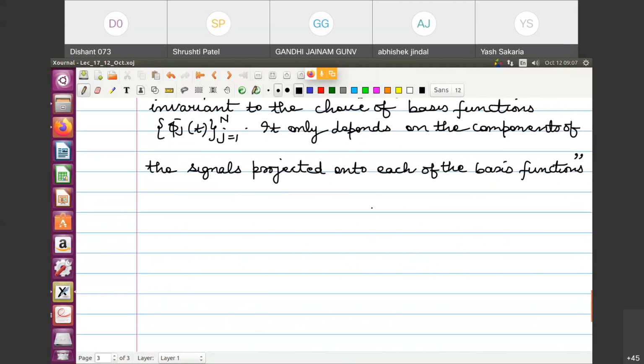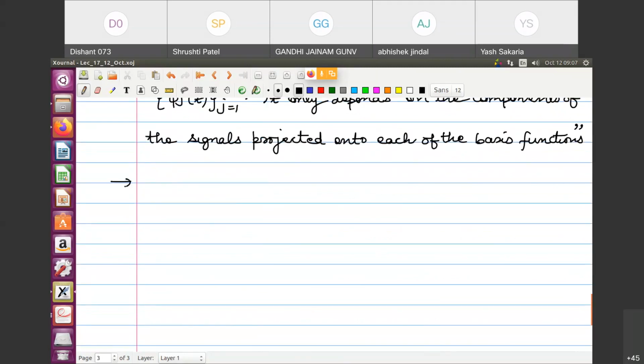So let us move to the concept of Euclidean distance.